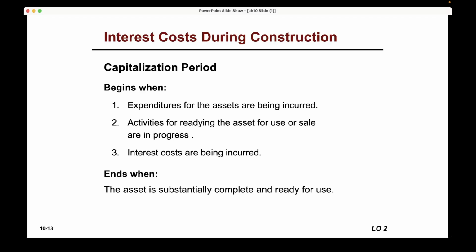By clearly defining the beginning and end of the capitalization period, we ensure that only the interest related to the construction phase is capitalized, not for other use. Once the asset is ready for use, any additional interest becomes an expense, no longer part of the cost of the asset.